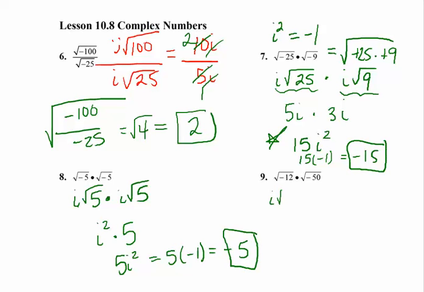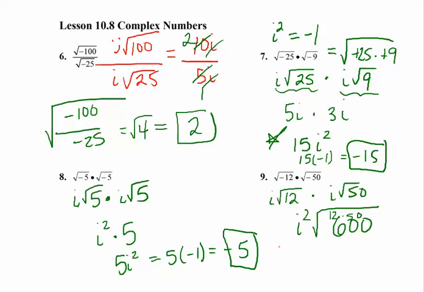Question 9, pull the i out first from each of the radicals. And you can either simplify the square roots first and then multiply, or you can go ahead and find the product. So if we join this together, we have to multiply the i's, so we get i squared. Inside, I'm going to do 12 times 50. 12 times 50 is 600. Now we want to go ahead and find a perfect square that goes into 600 to see if we can simplify further.